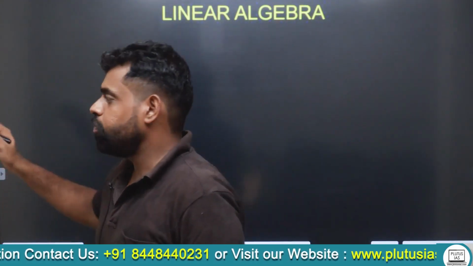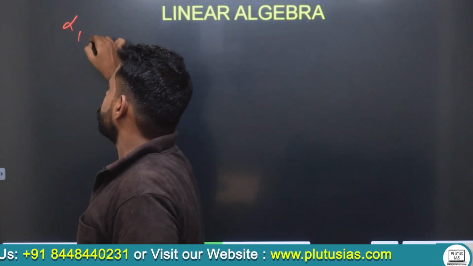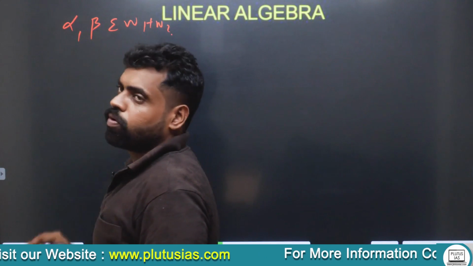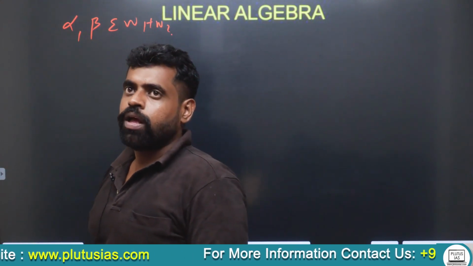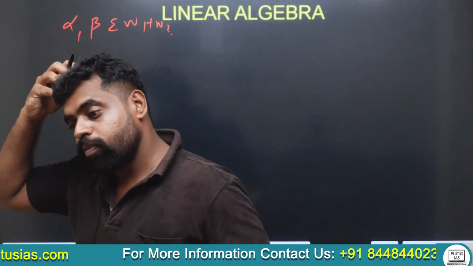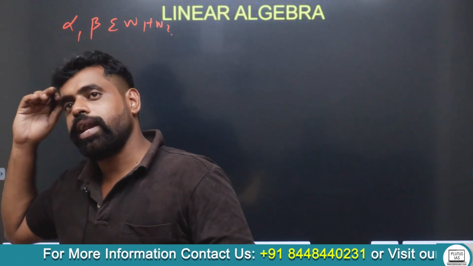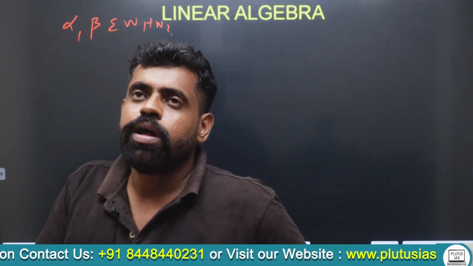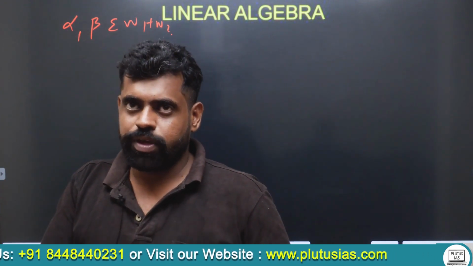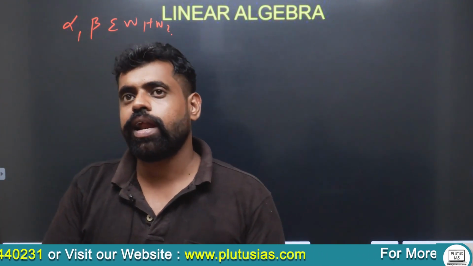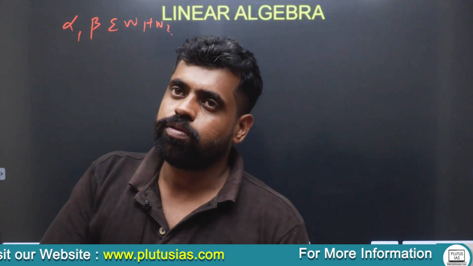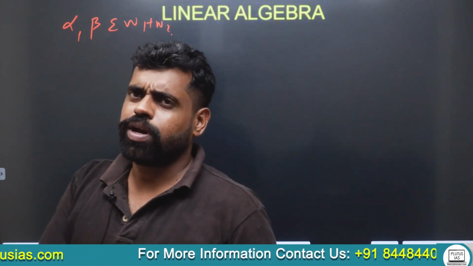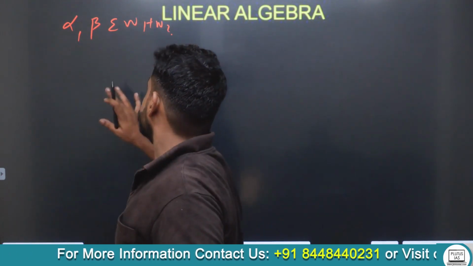Okay, the same principle: I take alpha, beta belonging to W1 plus W2. If you want to read any book, you can read any book on vector space. If you find any problem regarding it, please do ask me, within the class or after the class. Please solve questions from any book.